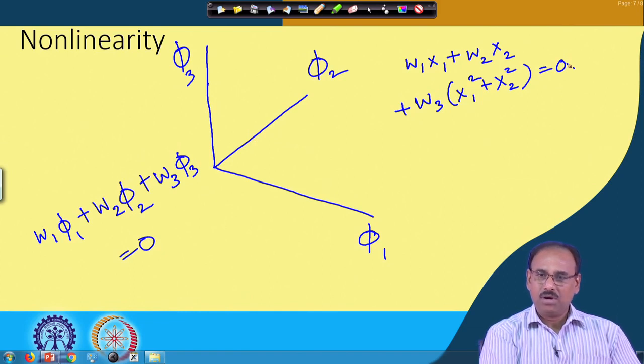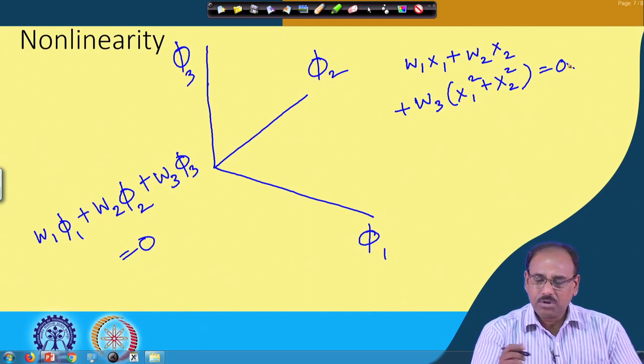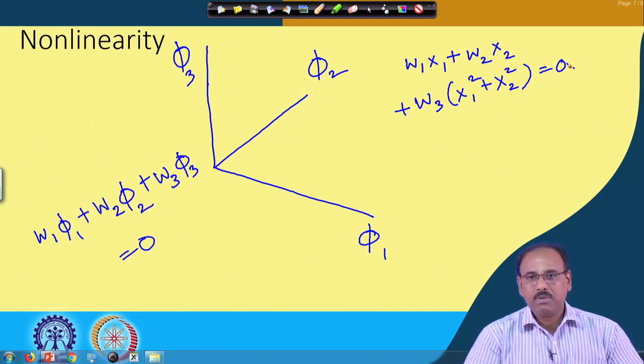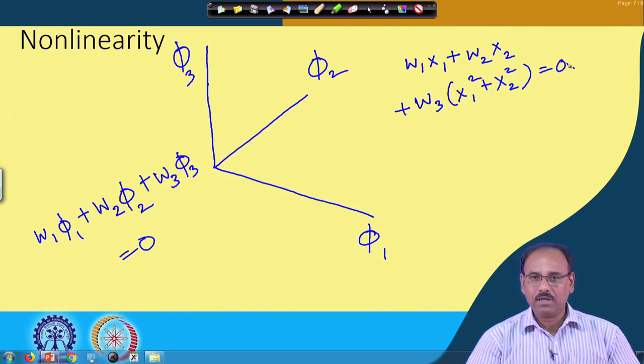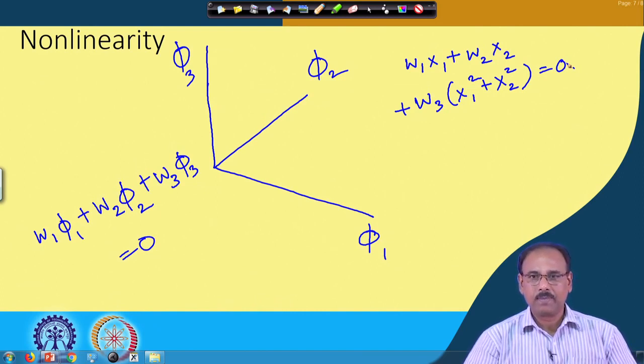So by this nonlinear mapping, you are mapping the feature vectors into another, possibly higher dimensional space, and in that higher dimensional space, the feature vectors are linearly separable. So this is a very simple example where, using a simple mapping, I can convert a linearly non-separable set of feature vectors into a linearly separable set of feature vectors.